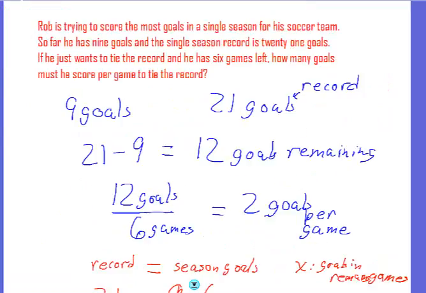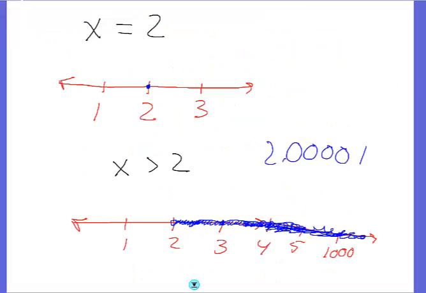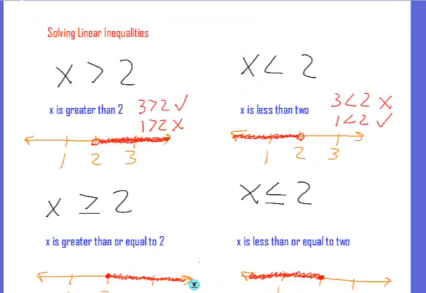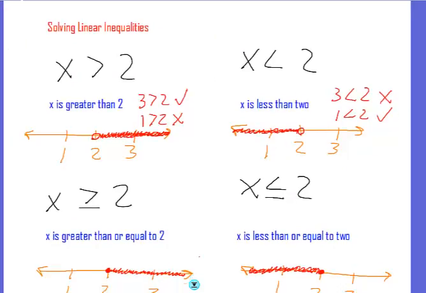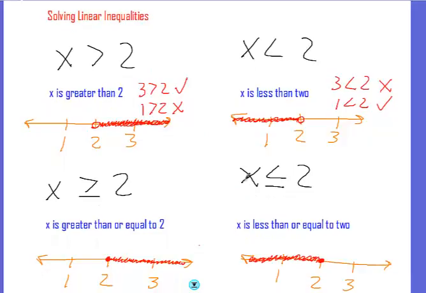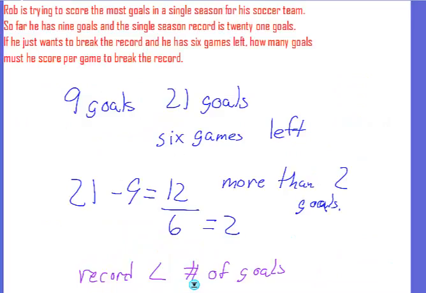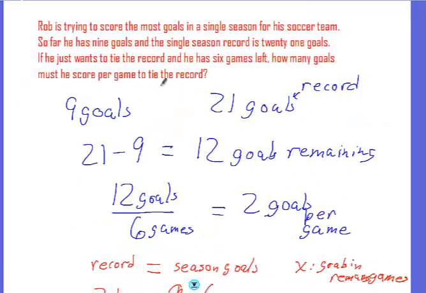In all the examples we've been doing prior to this in class, we're always getting x equals 5, x equals 7, x equals 1, x equals negative 12, x equals 5 halves. But now we're going to be able to get a lot more solutions to our problems. And the fun thing about this is it really opens up the amount of problems we can solve, because it gives us a lot more variations, which you saw in the first example where Rob just wanted to tie the game.